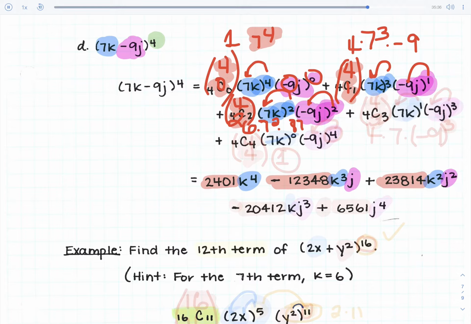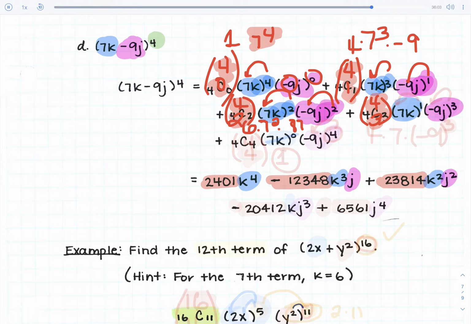Second to last term, I have to take my 7k and raise it, now I'm working my way down to just 1 copy of that. And my negative 9j is now going to be raised to the third power. And I have to do one of my last combos, which is a 4 and a 3. Well, the 4 and the 3 is just going to get me a 4 again.